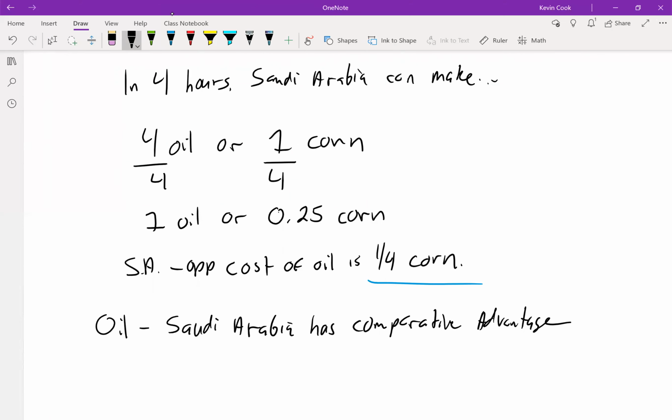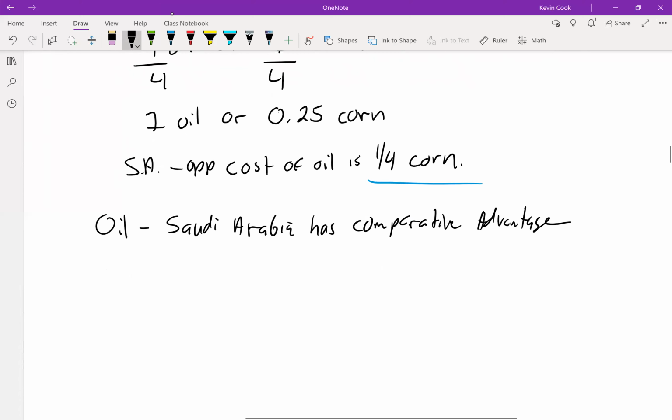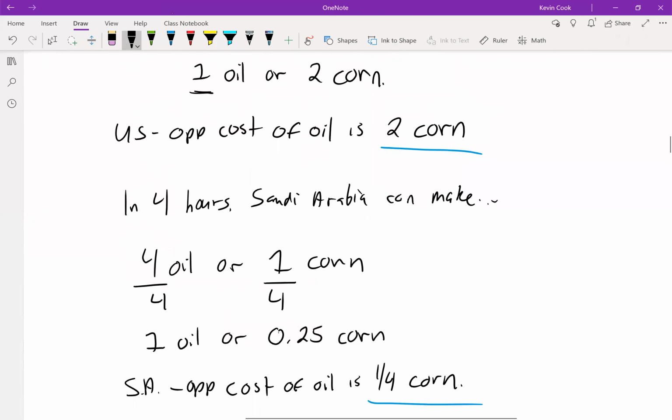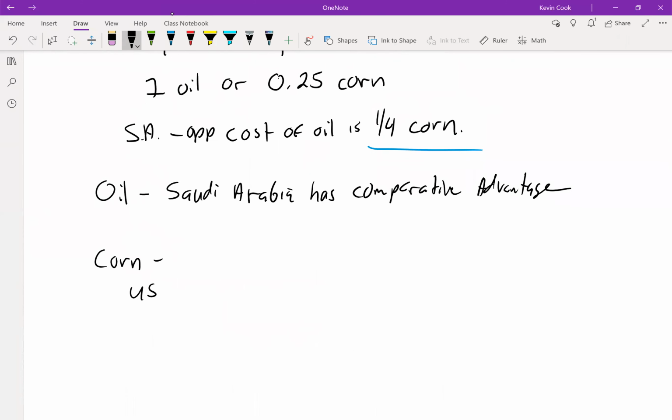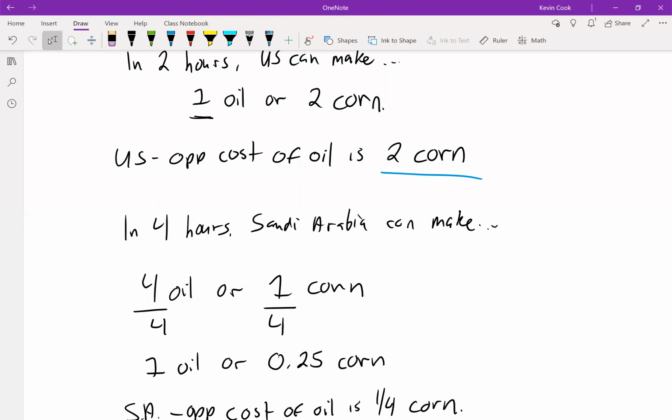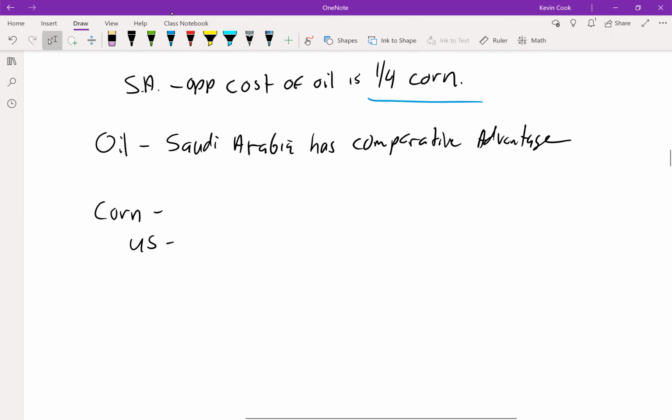A little trick that we can do, so we have corn for the other side: if we want to, we can go through and recalculate everything, or we can take the reciprocals. For corn in the US, the opportunity cost of oil is 2 corn. So the opportunity cost of a corn will be 1/2 an oil.